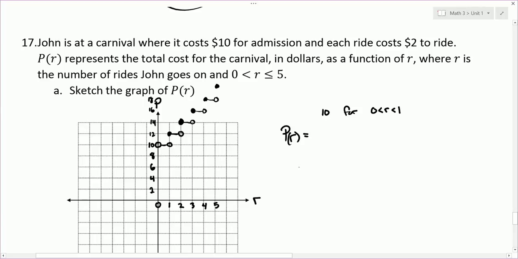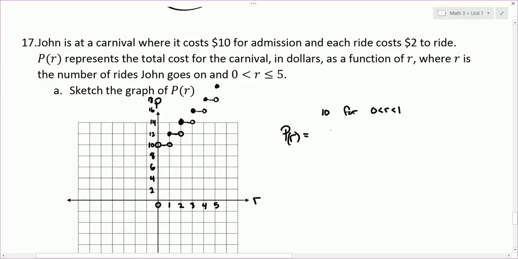In context, this isn't really going to happen, right? You can't be between 0 and 1 ride. So there's an argument we can actually not even graph this part or throw this piece out. I'm going to leave it like this, but just think about what this means. You have to be on more than 0 rides but less than 1 ride, not going to happen. So we're really not going to even pay $10.